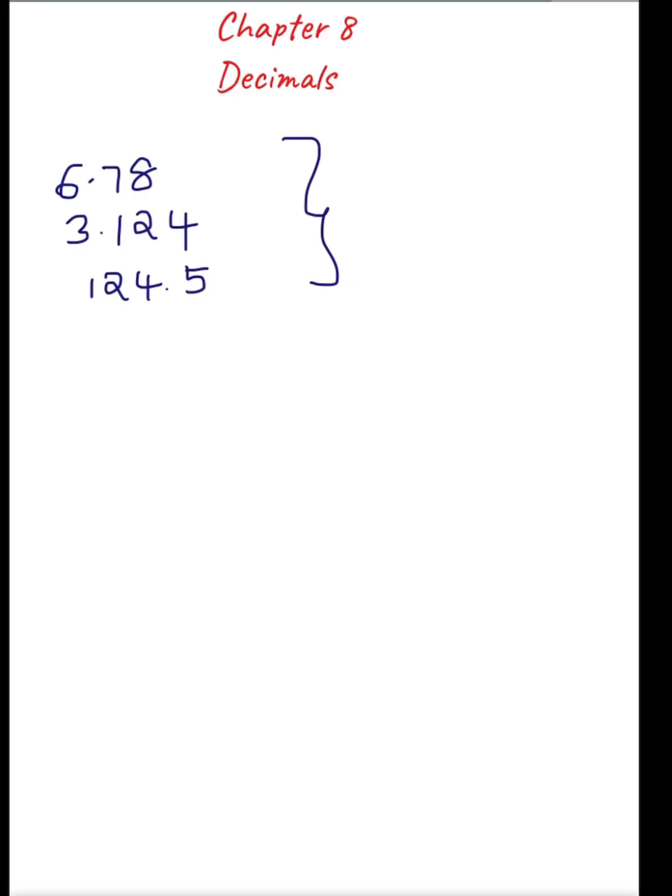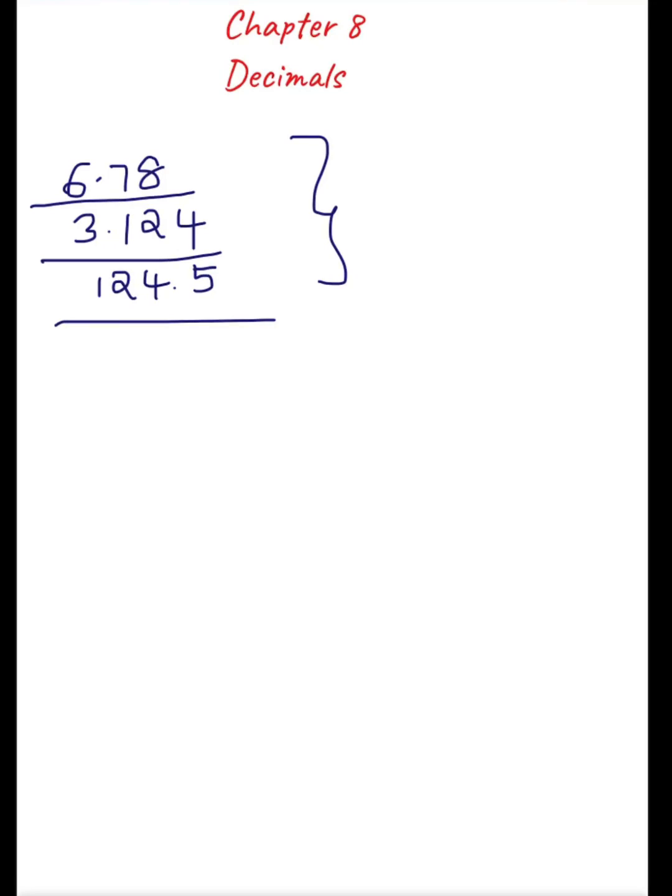Here after 6 a point is there, here after 3 there is a point, and here after 4 there is a point. So all these numbers have got a point in between. Such numbers are called what? Decimal numbers, that is, numbers with a point in between. Or simply decimals.